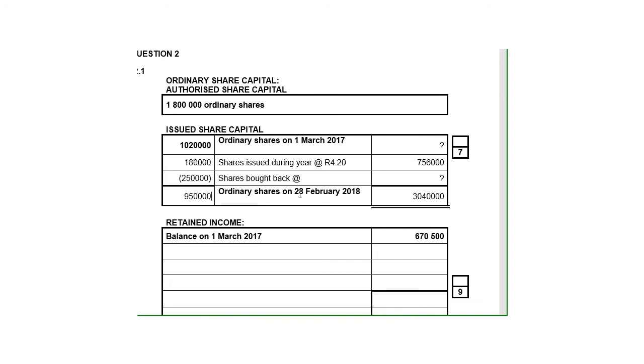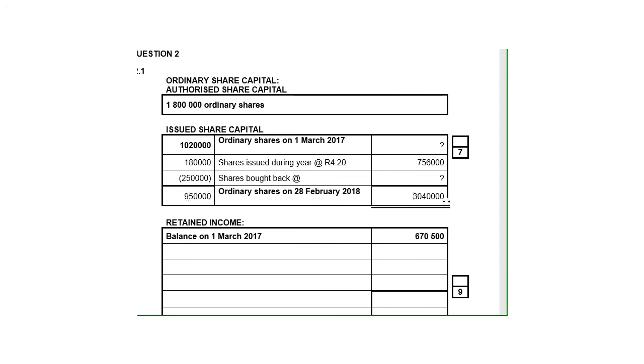So that bit is fine. Because I bought back the shares on the last day of the month, after I issued, the average share price would be as it is at the end of the year. If the buyback happens after the issue, I can use the figures at the end to work out the average.